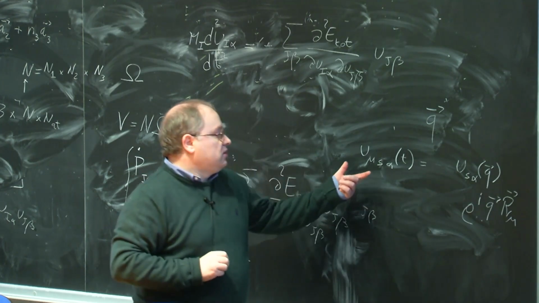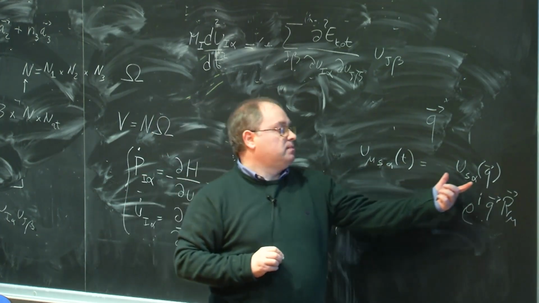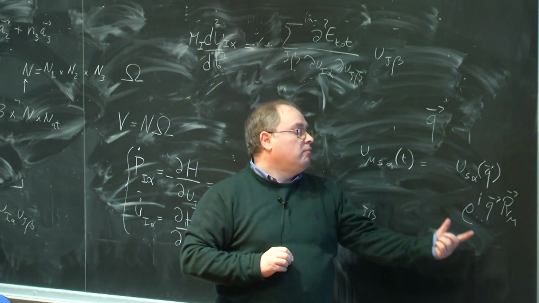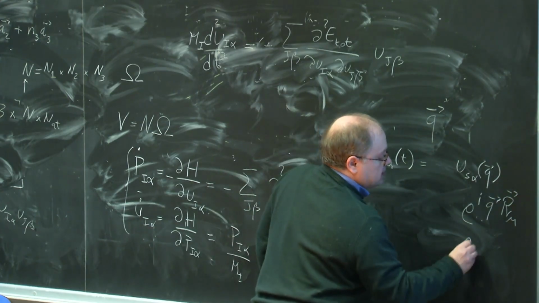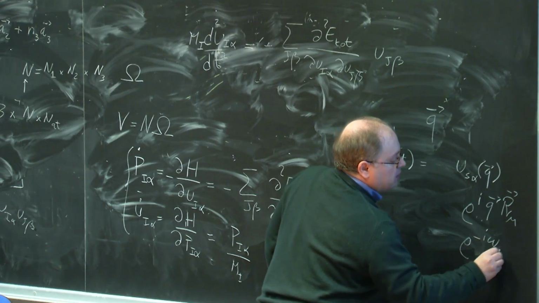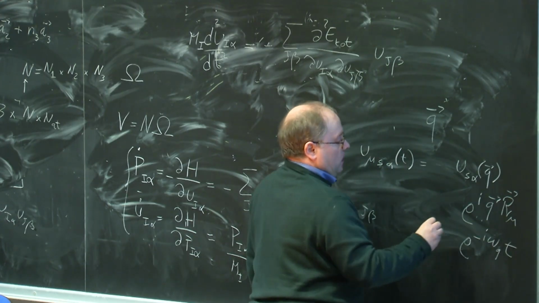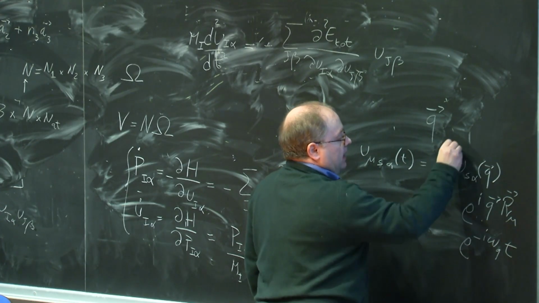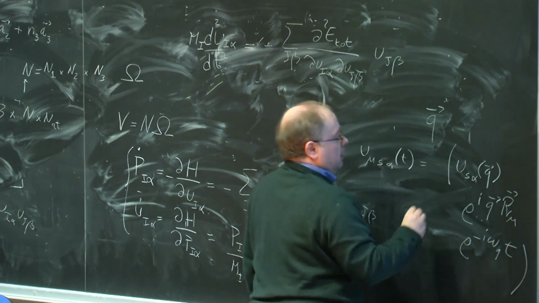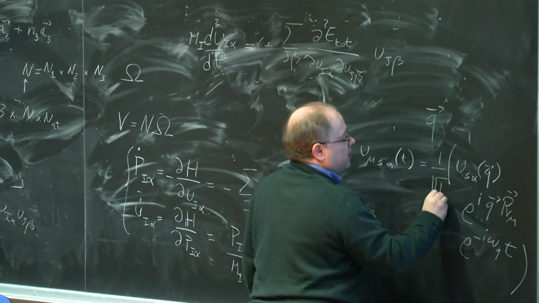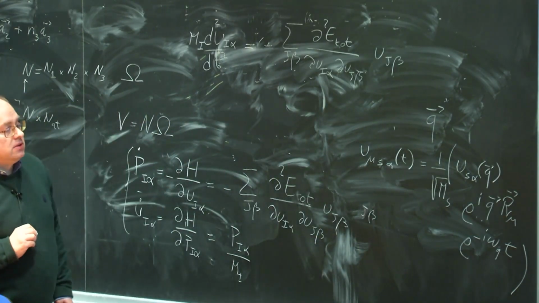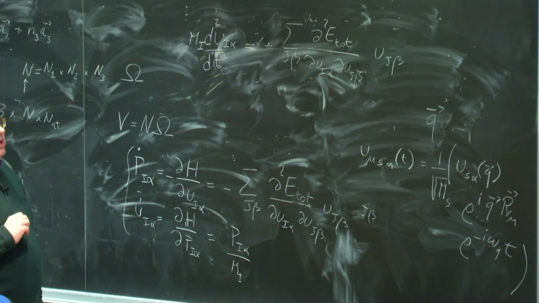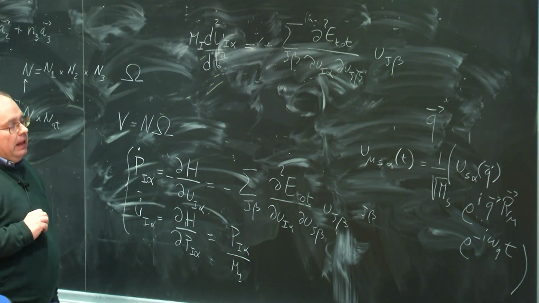So in each unit cell, I will have a displacement in the first unit cell multiplied by this phase factor. The time dependence will be e to the minus i omega of q t. And then I will also put a 1 divided by square root of ms. This will simplify the following equation, so it is useful to keep it there. This square root of the mass.